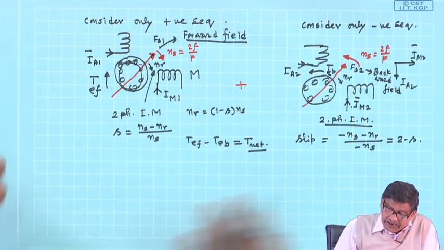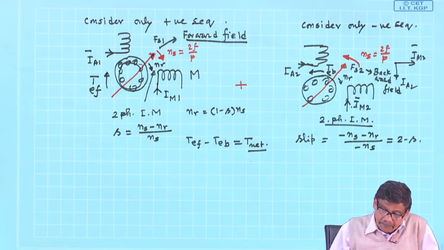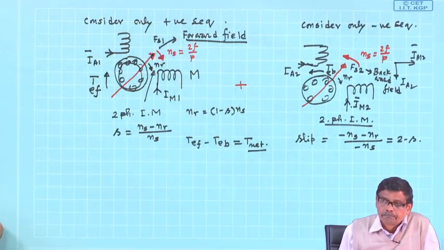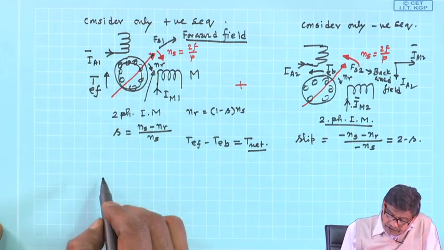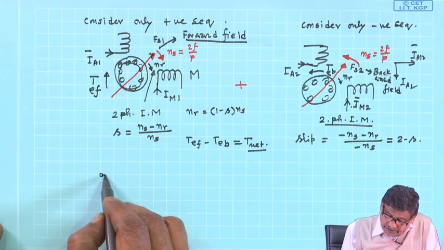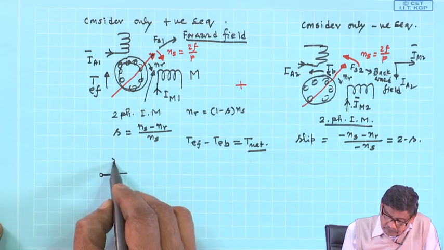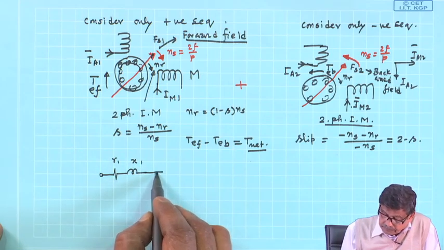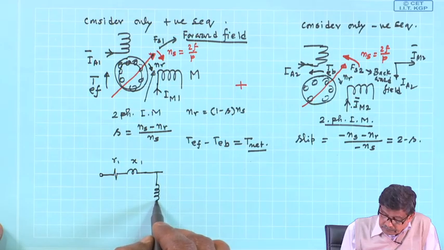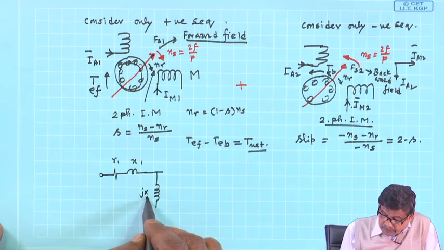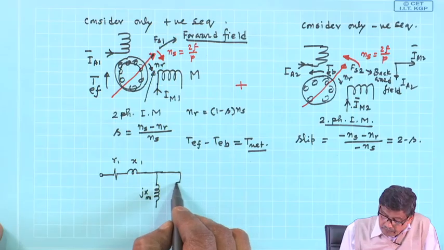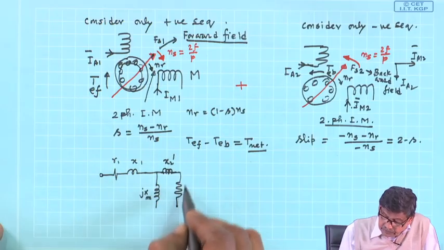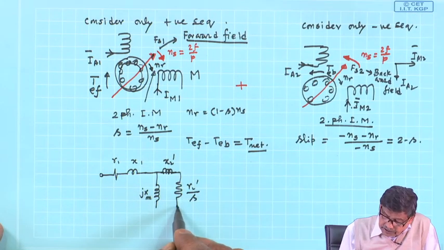Now, after getting this, I will be now telling what is the equivalent circuit of this machine. Equivalent circuit of this machine will be per phase will be R1, X1, Xm, X2 dashed and R2 dashed by S. What else?